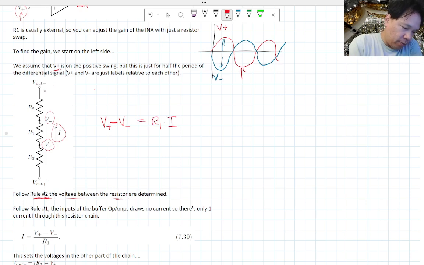The reason you don't have to label this is because this is going to be a single current. Using rule number 1, these inputs don't actually draw any current, so you only have a single current flowing from V out plus all the way to V out minus.